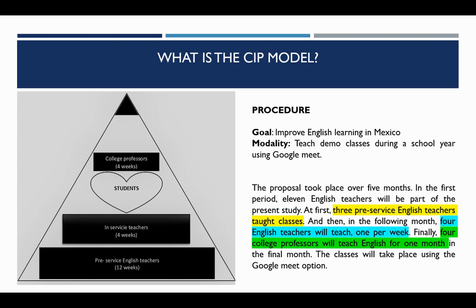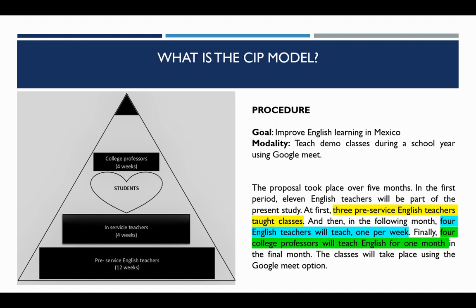What I refer to as in-service teachers are teachers who have been many years teaching in front of classes the English language, and they will be teaching using the Google Meet option. They'll be teaching 1 month to the students.